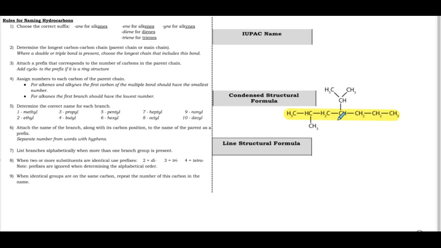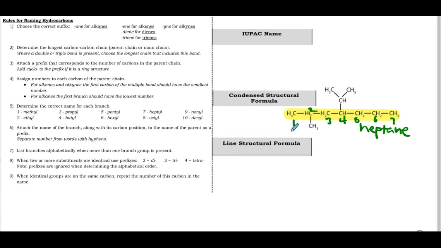For this example, we have a 7-carbon chain. Now, this is the longest chain I've identified. We could have also chosen 1, 2, 3, 4, 5, 6, 7, but they are equivalent. We have to determine the order. We know that it is a heptane because it's a 7-carbon chain, but we're going to number it from left to right, where this is our first carbon, and we follow through until we get to the 7 carbons accounted for.